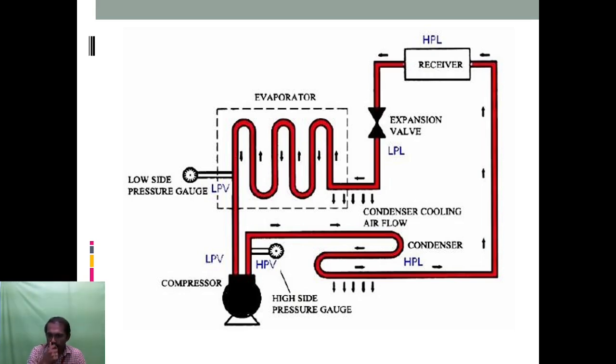So okay, here is the cycle for refrigeration. First is the compressor. The compressor produces high pressure, high temperature vapor for any one refrigerant.